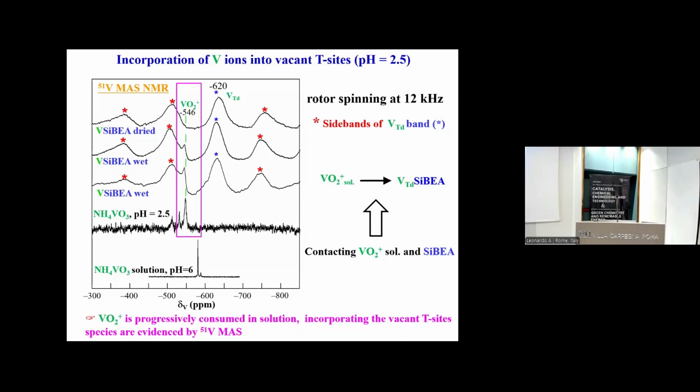This means that VO2+ is incorporated in the beta zeolite, and we form vanadium beta zeolite. This is also confirmed by the appearance of the band at minus 620. This band is characteristic for vanadium tetrahedral species.